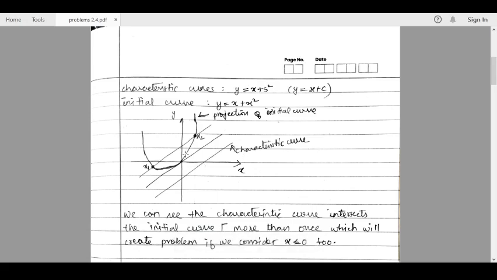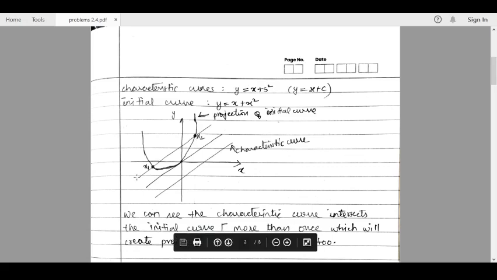So if we consider only this region when x is positive, okay, then we see that initial curve and the characteristic curve will meet only once. And that is the reason we got a unique solution. So it depends upon the initial curve and the region that we are considering.